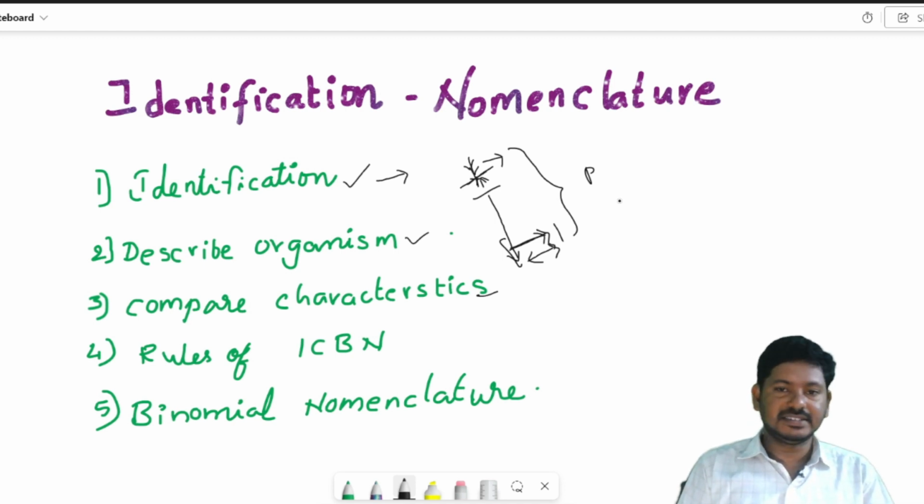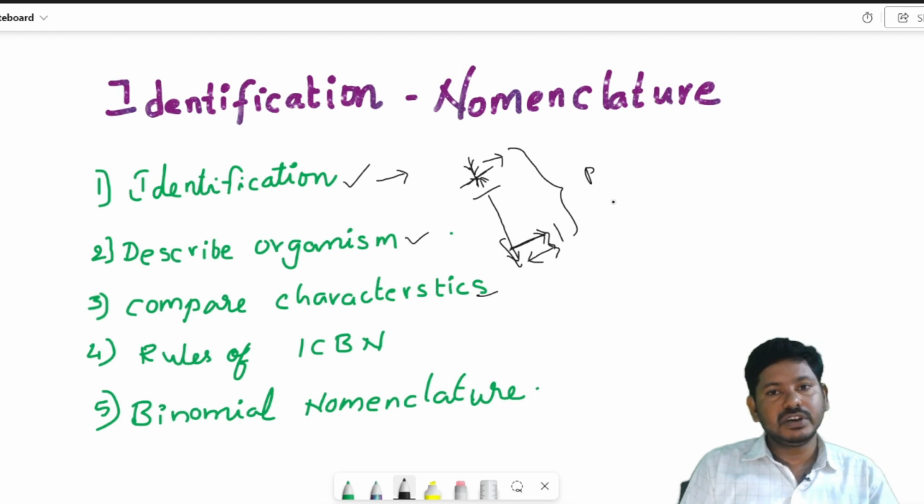Not only scientists, if we go to another part of the world, we will get confused. So we should remove this confusion. That is why biologists made a new way, that is nomenclature: giving one specific name to organisms. Such a process is called nomenclature.